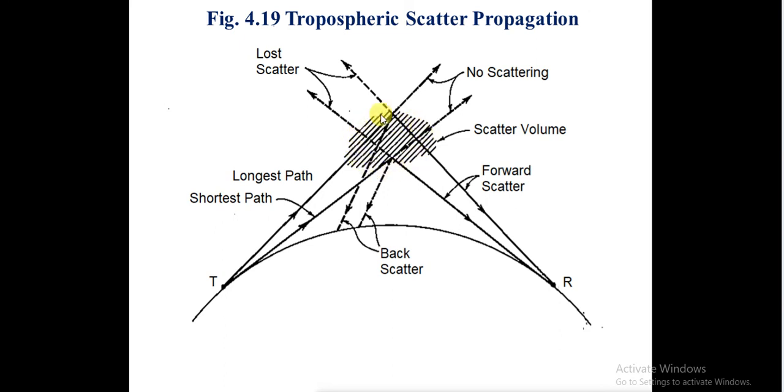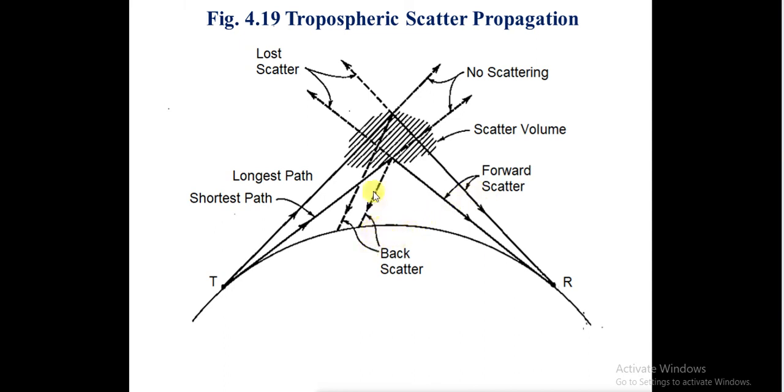In this scatter volume, multiple paths occur, because the transmitted frequencies will have multiple scattering, and because of that the fading will take place. Another fading takes place because of the atmospheric conditions, because the frequencies are affected by water vapors, gases, etc.